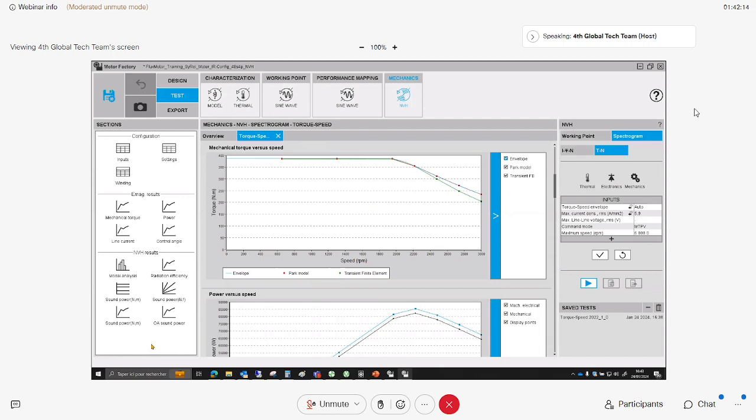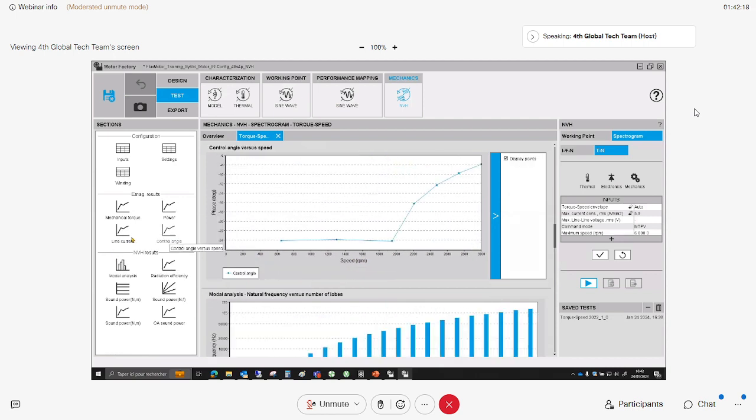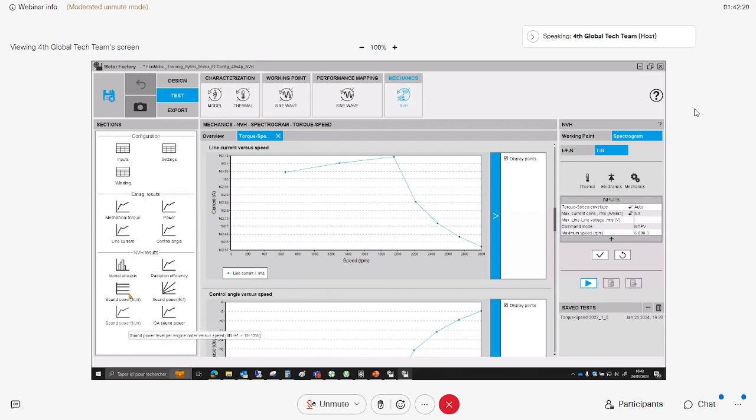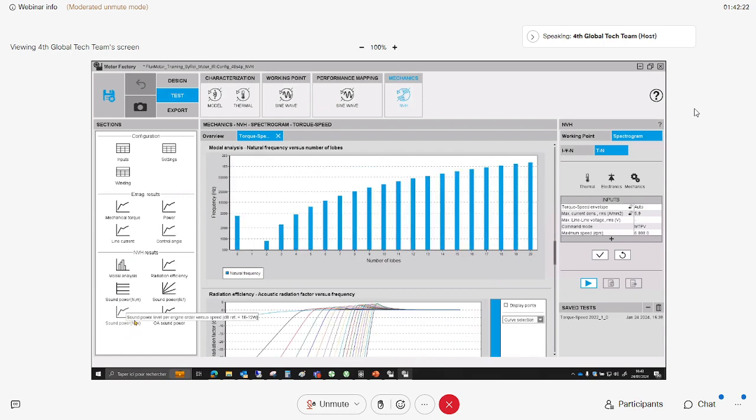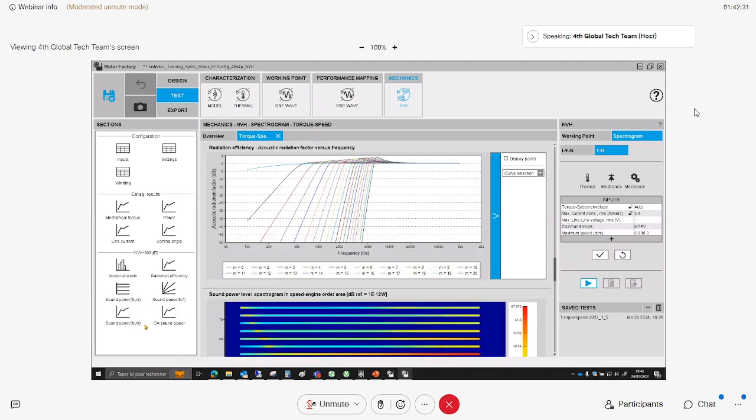magnetic forces. Okay? Then, yeah, you have a few interesting results here and a few interesting results from NVH results. Once again, like for one working point, you have modal analysis, radiation efficiencies. This is something computed analytically.